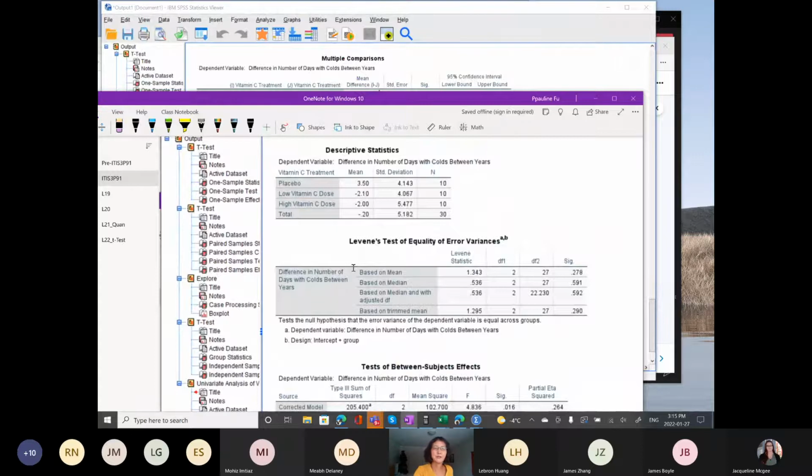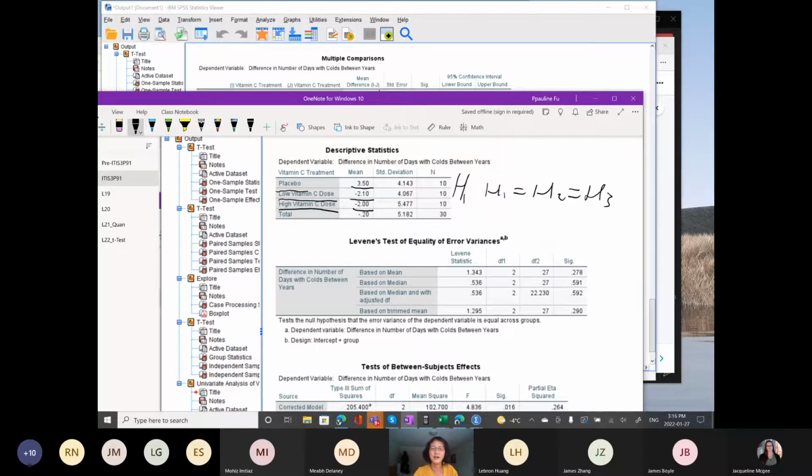Remember we have 3 groups. Group 1, placebo, the mean is 3.5. The other group is low vitamin C, the mean is negative 2.1. The third group, high vitamin C, the mean is negative 2. Our task is to test if mu1 equals mu2 equals mu3.